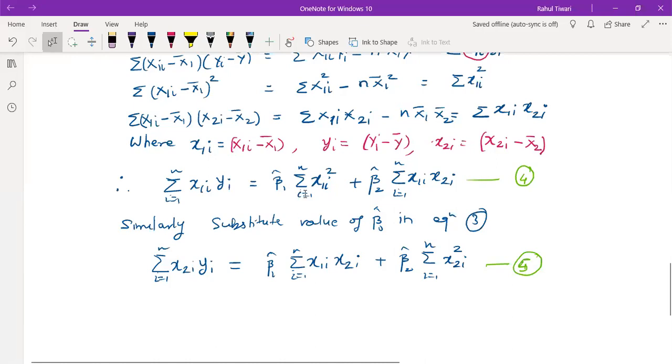So either you multiply this expression by summation x2i squared, okay, x2i squared, and this expression by summation x1i x2i. Can the coefficient then be the same?